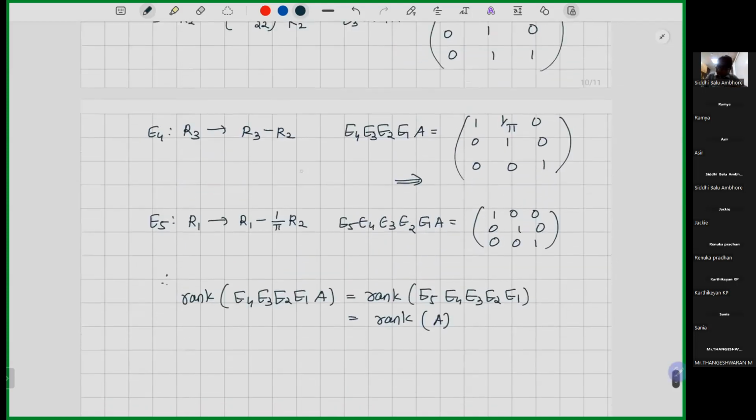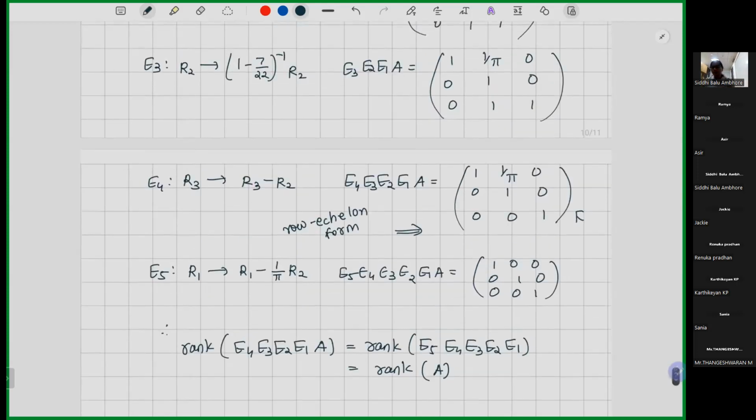And note that here, let me write it in row echelon form. So even if we skip the fifth operation, we are still through because this is in row echelon form with three non-zero rows.